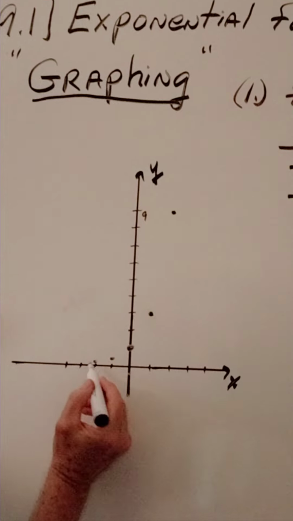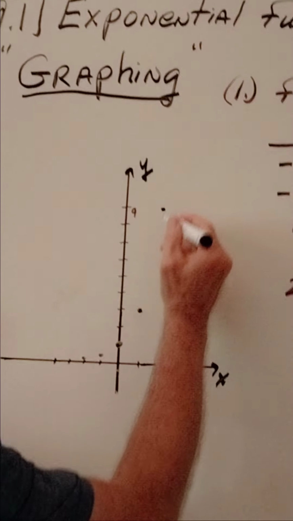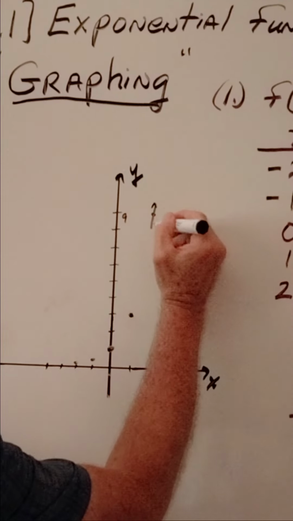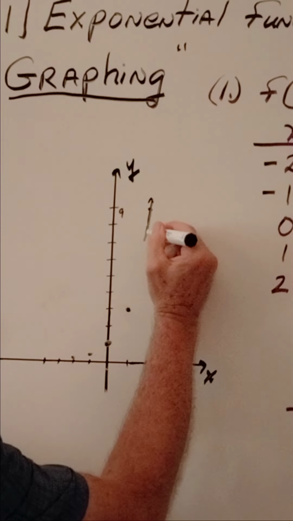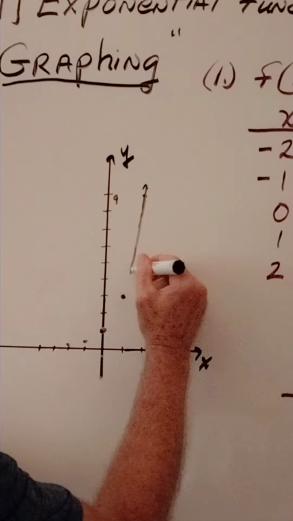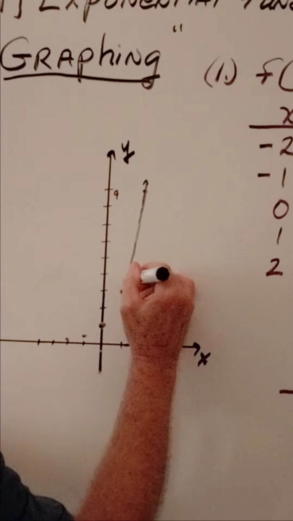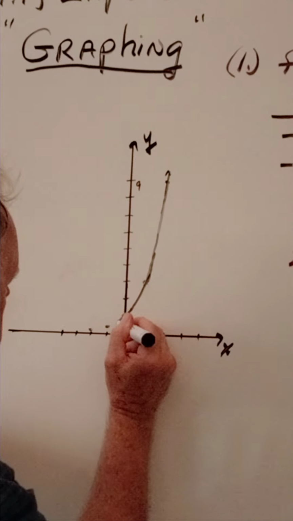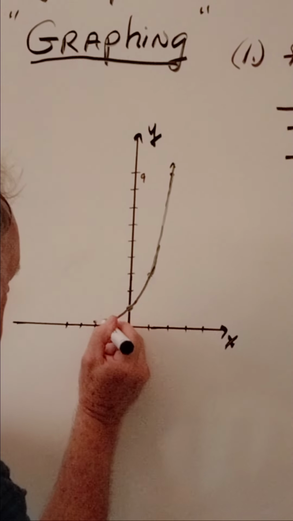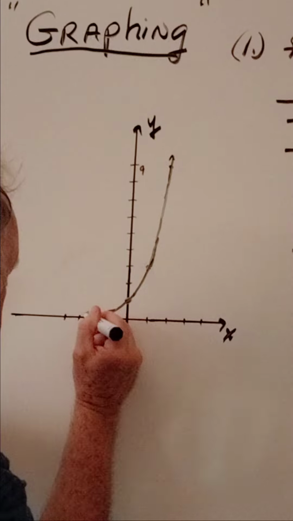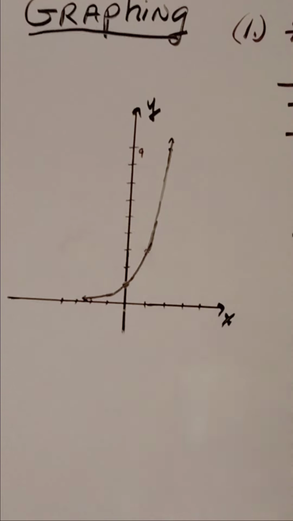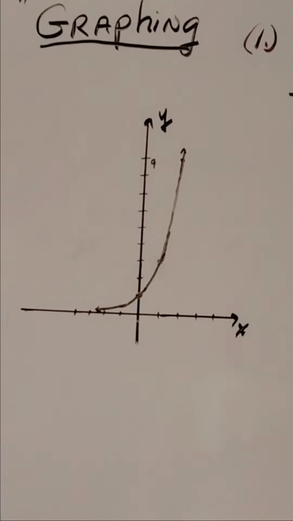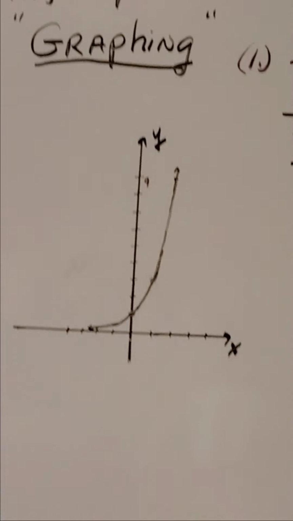And then we connect them, and let's see if we can just kind of swing this down, so to speak. Swing it on down. That is a typical looking graph of an exponential function.